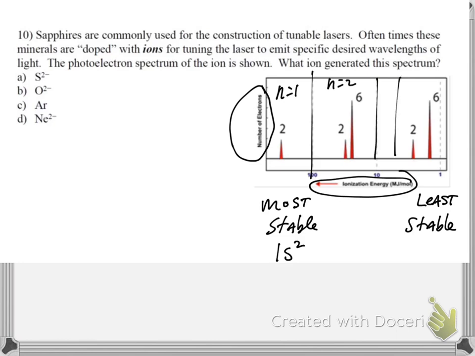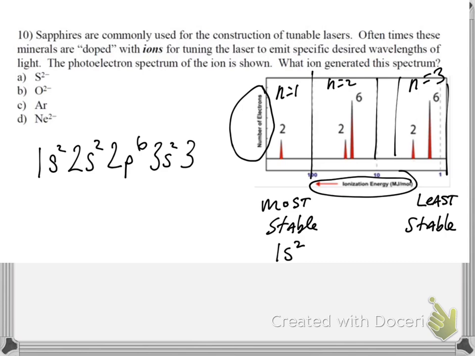Then there is a second shell, n equals 2, which has 8 electrons, and then a third shell, which also has 8 electrons. If we look at the electron configuration for this particular species, we would write this as 1s2, 2s2, 3s2, 3p6 for a total of 18 electrons.